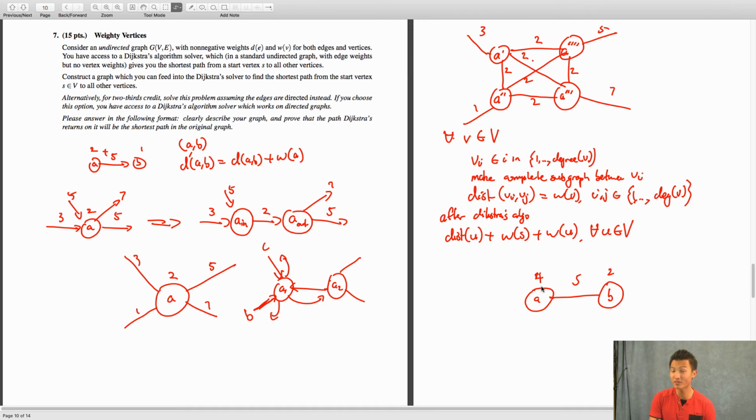I'm going to add half of this edge weight into here and half this edge weight into here. And the reason we add half is that I have to add another half somewhere, because if I enter through this edge into A, I have to exit somewhere. So if I exit through here, then the half here gets added to my shortest path, and the half here gets added to my shortest path. And in total, I'm going to get the 4 of it going through this vertex of A.